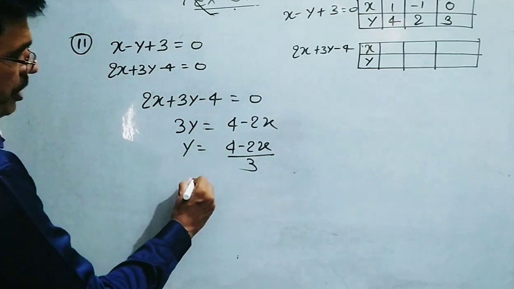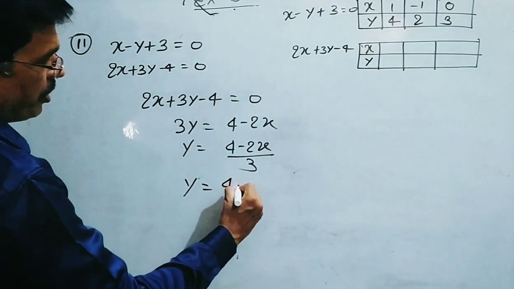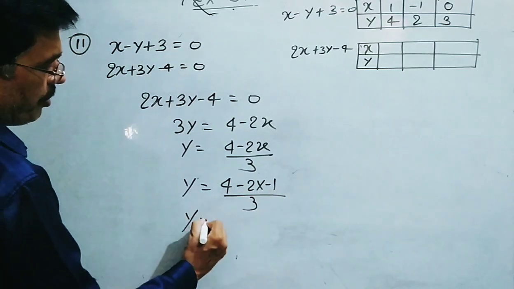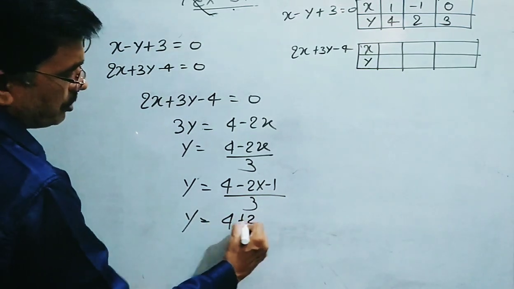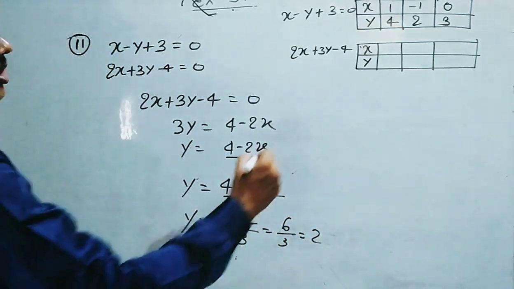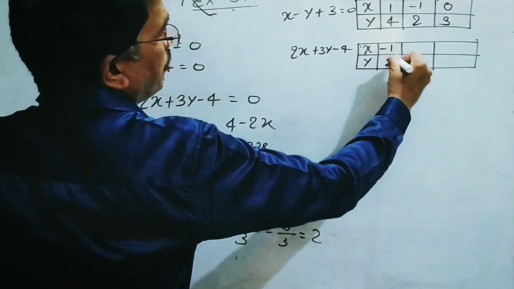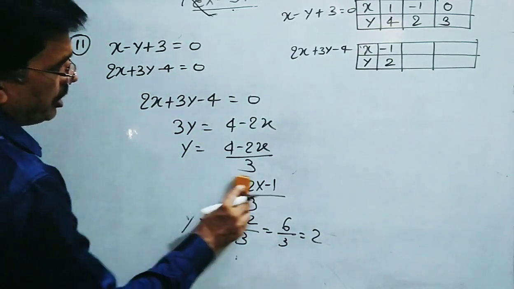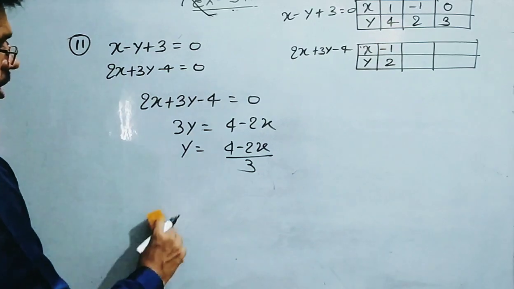Dear student, when you put x is equal to minus 1 here, then you get 4 plus 2 by 3, that is 6 by 3, that is 2. Then x is equal to minus 1, then y is equal to 2. For the other values, you write x is equal to 0. What do you get?